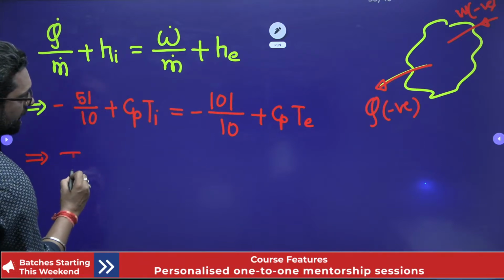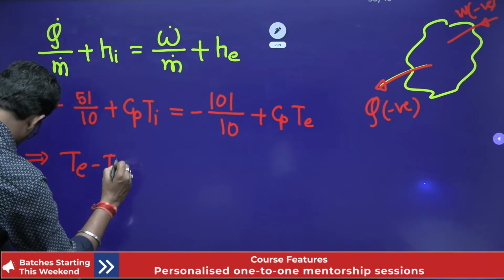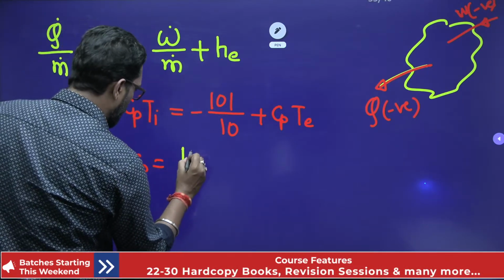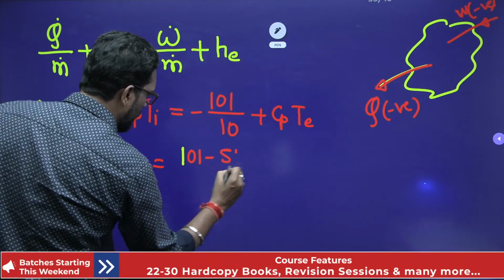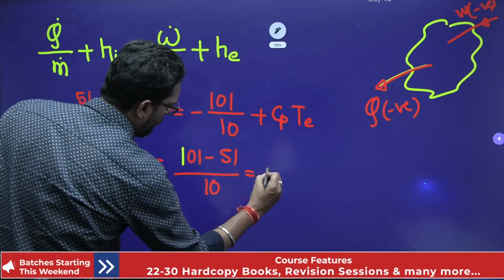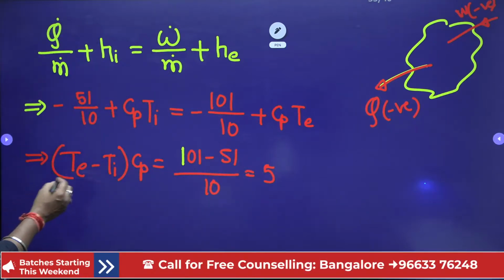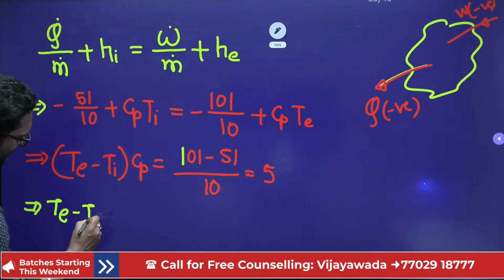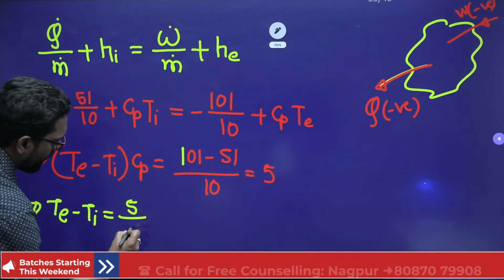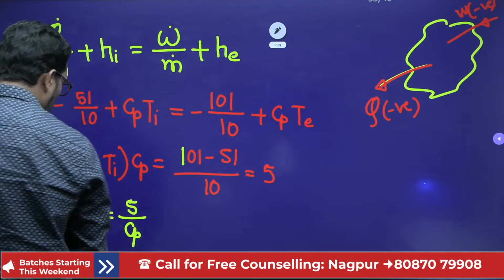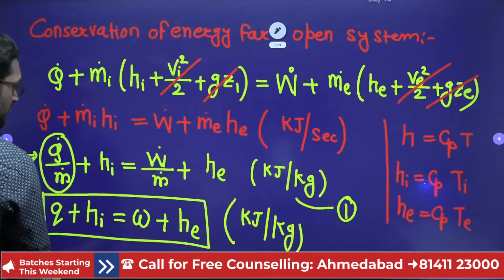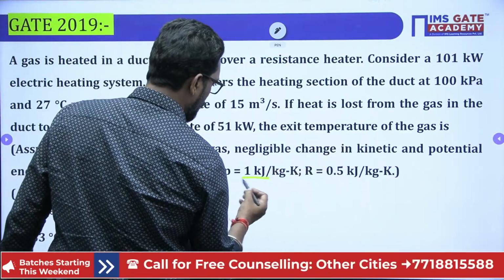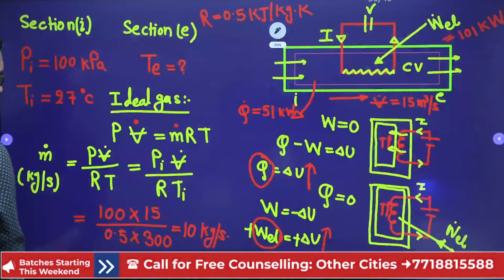So Te minus Ti into Cp equals 101 minus 51 divided by 10. So this is 5. That means Te minus Ti is equal to 5 by Cp. And Cp you have, 1 kilojoule. Okay, so put this, it is 1.